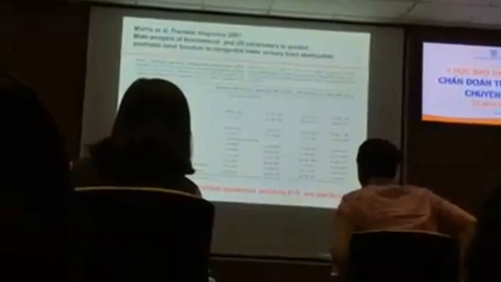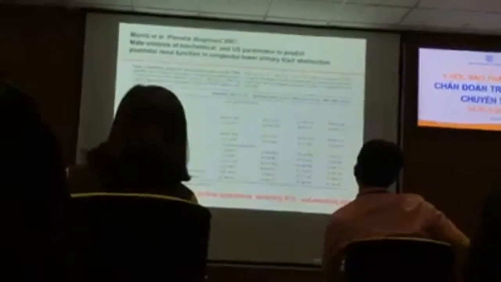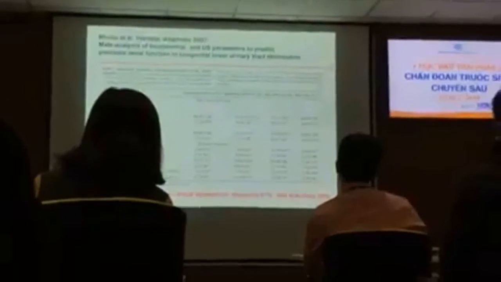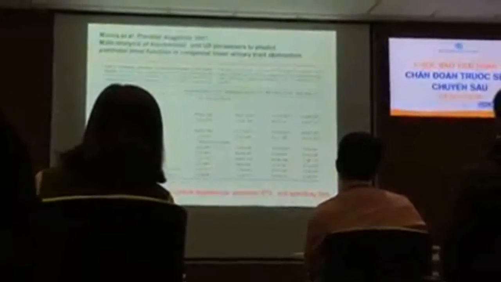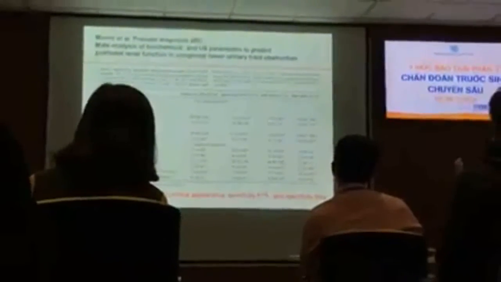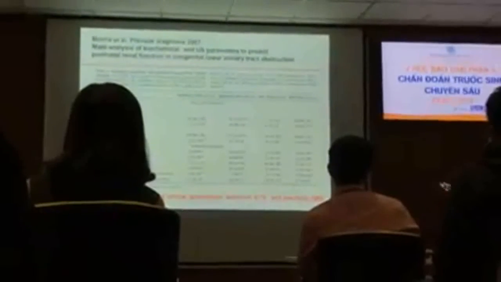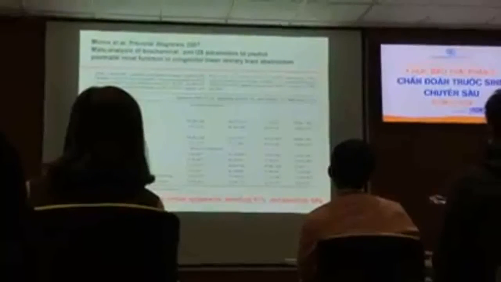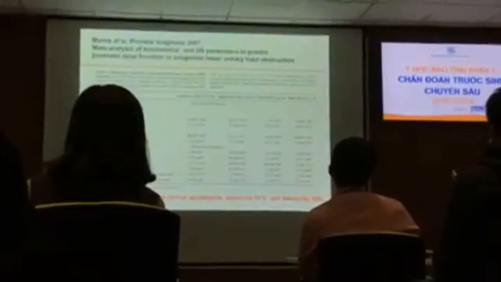congenital lower urinary tract obstruction, which is LUTO. They found the best predictive value is renal cortical appearance. If you have lower urinary tract obstruction, you get severe hydronephrosis, and then your kidneys on both sides become severely distorted.